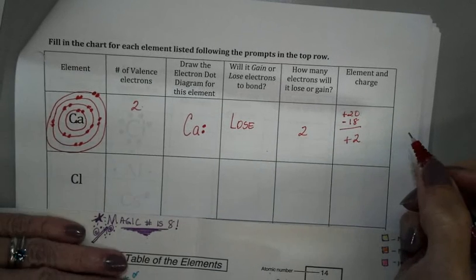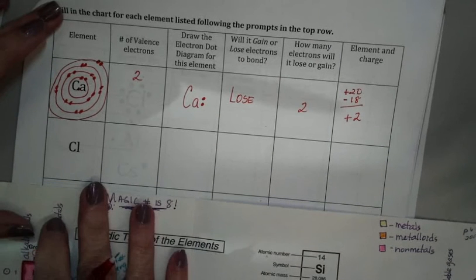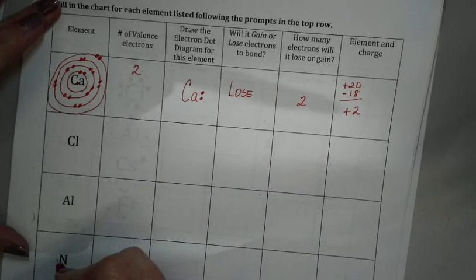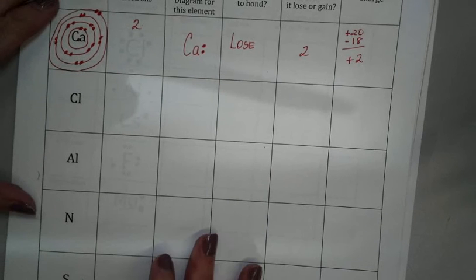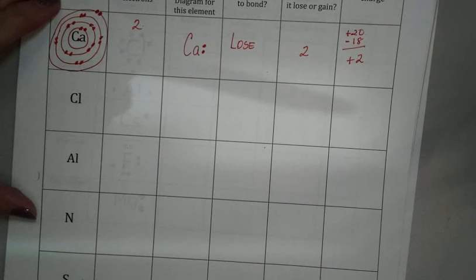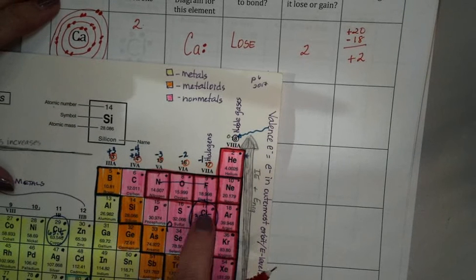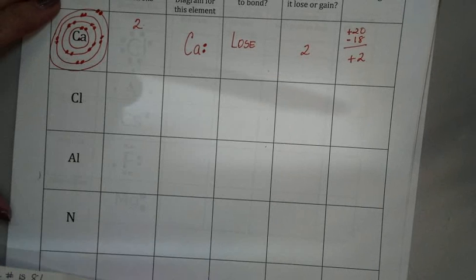So what I'd like you to do is drop down here and go through, and the first thing you need to do is make the Bohr model for these atoms. So let's do chlorine. I find chlorine on the periodic table, and it has 17 protons, 17 electrons. My first orbit can hold 2, always and only.